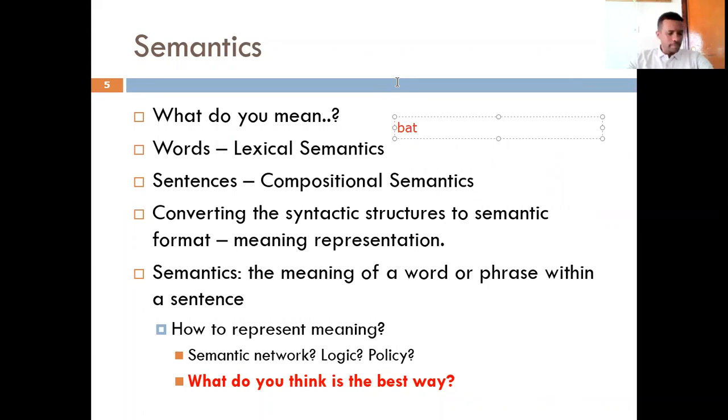It's a kind of bird. A kind of bird. How do you know? What if I'm referring to the device that you use when you play a baseball game? The stick that you use, we call it a bat, right?